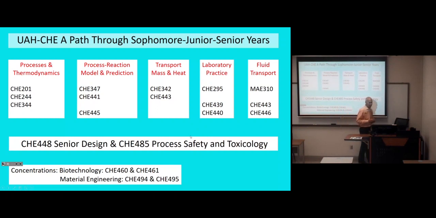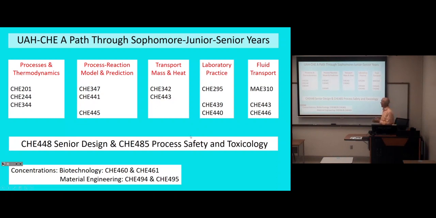In the concept of process and thermodynamics, we have chemical engineering 201, 244, and then 344. In process reaction modeling and prediction, we have the computational class 347, and then chemical engineering 441, kinetics and reactor design. And then finally the process control class. If we look at transport of mass and heat, those two primary courses are chemical engineering 342 and chemical engineering 443.